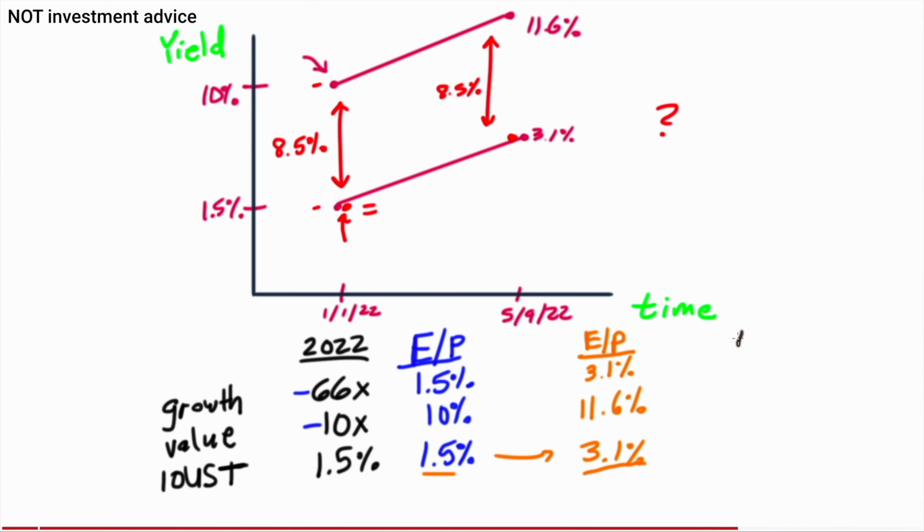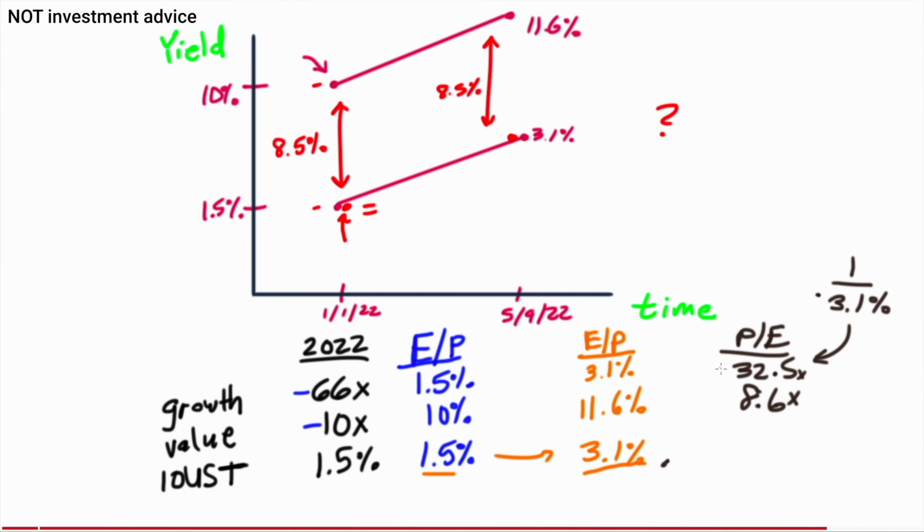So let's convert this back to PE ratio. We simply take 1 divided by the earnings yield. In the growth stock's case, it is 1 divided by 3.1, and that is 32.5. We can do the same thing with the value stock. Its new PE would be an estimated 8.6 times.